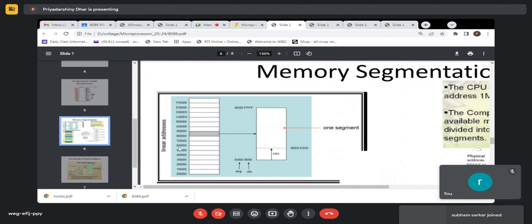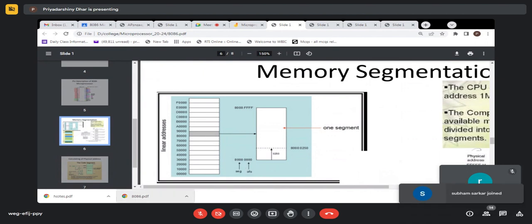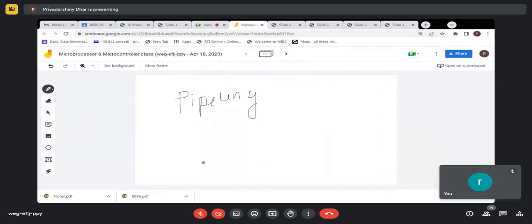Suppose I consider, just look at this Jamboard. Suppose the segment address given is 2000, and the offset address given is 5623.